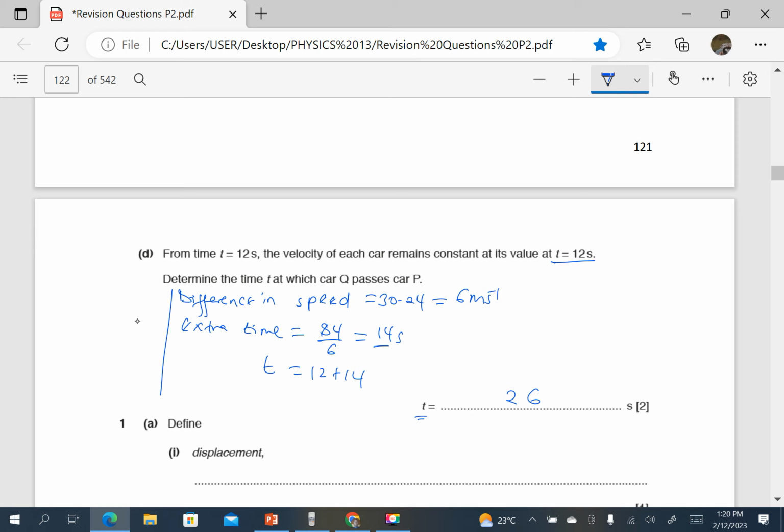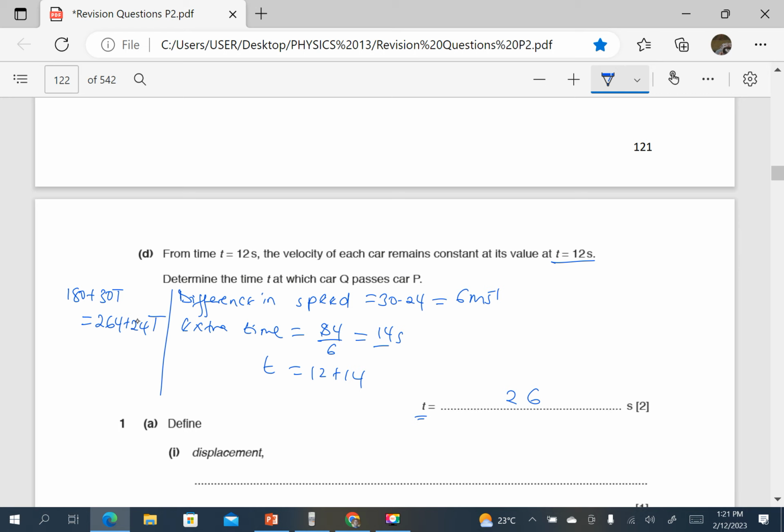That means for car Q, it's 180 plus 30 times t, if it remains with a speed of 30, where t is the time when they meet, should be equal to the distance which the other one has also covered, which will be 264 plus its speed of 24 times t. The t is the time when one passes the other.